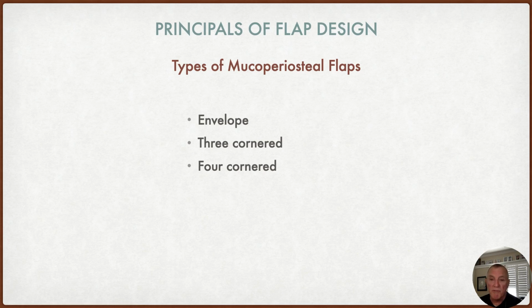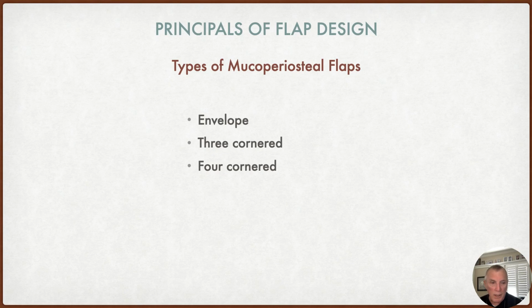How do we retrieve roots with a minimal of osseous destruction in the process? Again, recognizing that bone maintenance preservation is paramount today because our restorative procedures are so focused on optimizing and maintaining the dentoalveolar process.